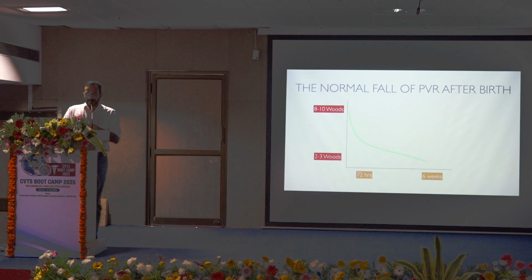Within the first 24 to 72 hours, almost 60 to 80% of the resistance comes down, primarily because of expansion of the lung and vascular remodeling. Then for the next 6 weeks, there is a gradual fall, and that's why the lowest pulmonary vascular resistance is usually between 6 to 8 weeks.